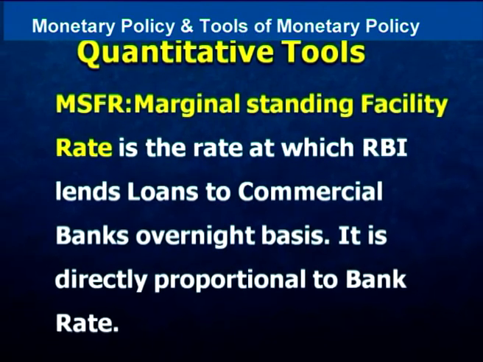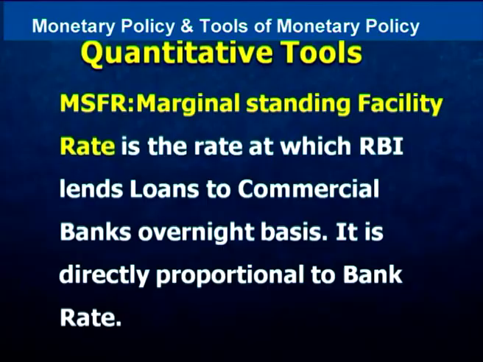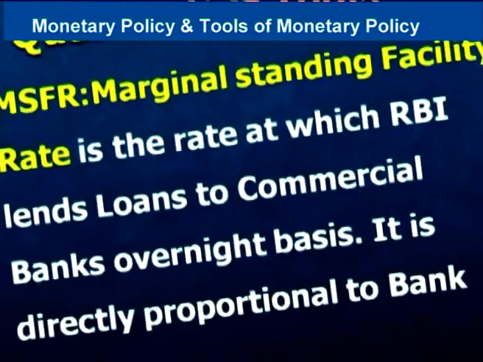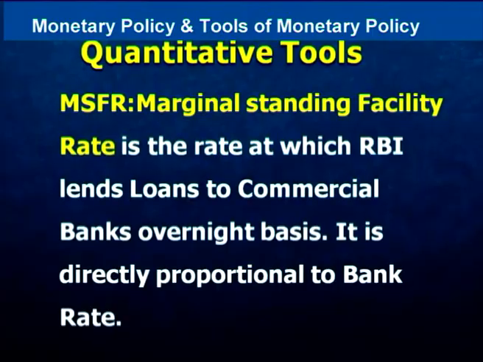So, this MSF rate is calculated on a daily, overnight basis. The funds may be a minimum of 1 crore rupees also. So, if it is 1 crore or 10 crores or 100 crores or 1000 crores, that depends on the requirement of the commercial banks.